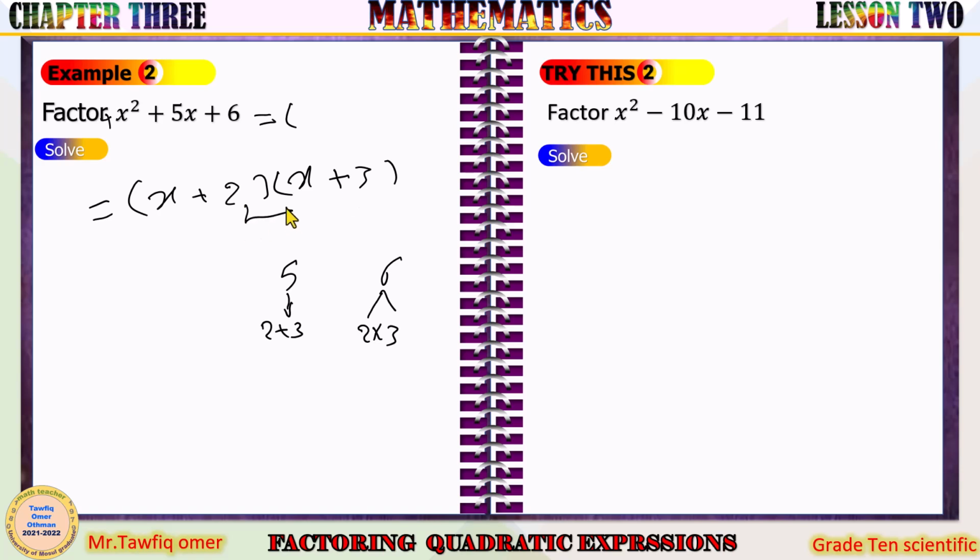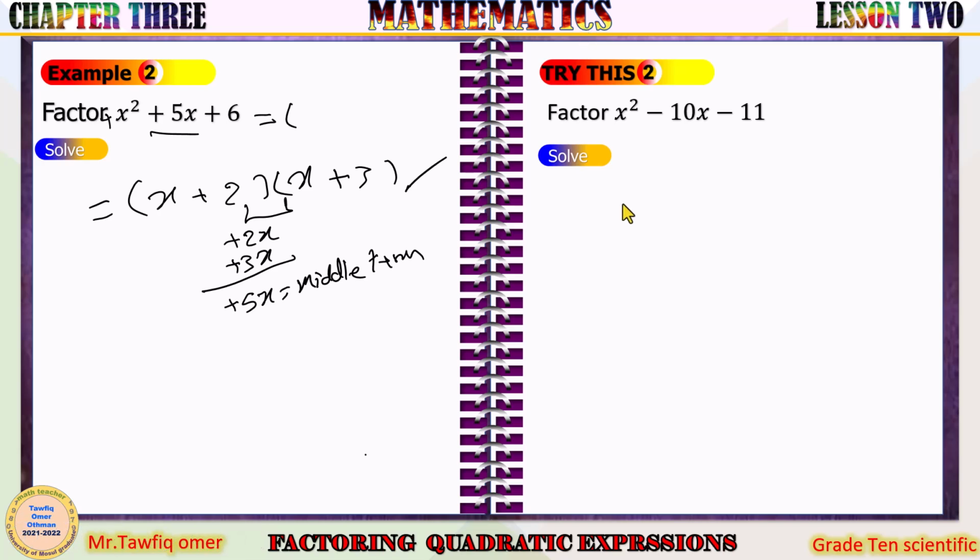Check your answer. Plus 2x, outside plus 3x, so it's equal to 5x, which equals the middle term. So my solution is correct.